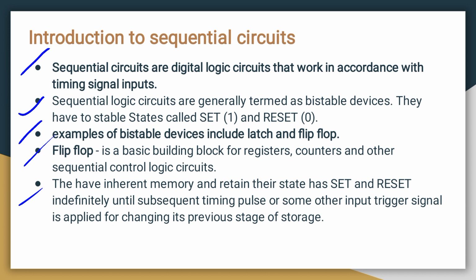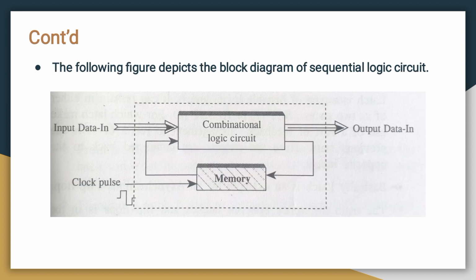In the memory, it retains a state, that is, set or reset. A subsequent timing signal or trigger, a change in the signal, will change the storage of the memory. This is the block diagram of a sequential logic circuit.